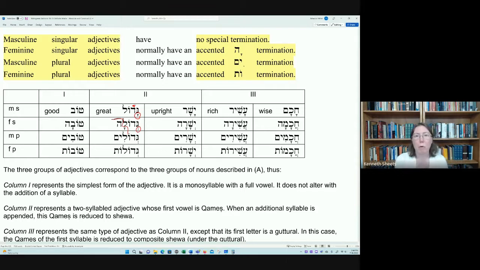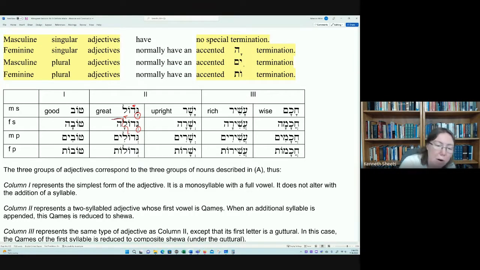That's where most Hebrew words are, in fact, accented. But when we add the ending, the accent that was over the daleth now moves down to the last syllable of the word.